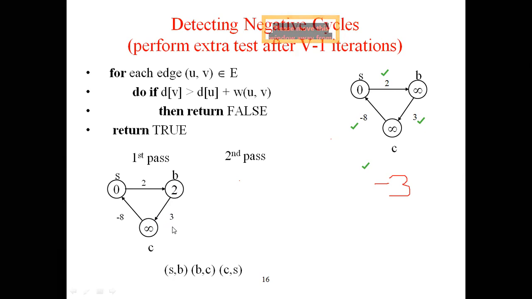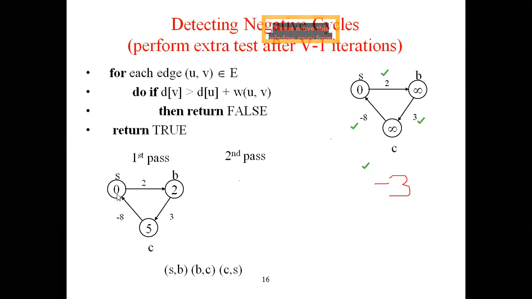So 2 plus 3 is 5. 5 is less than infinity, so you take the minimum value, and the update at C is 5. Now 5 minus 8. What is 5 minus 8? Minus 3.